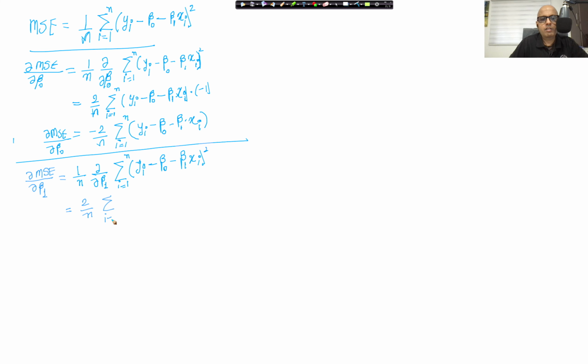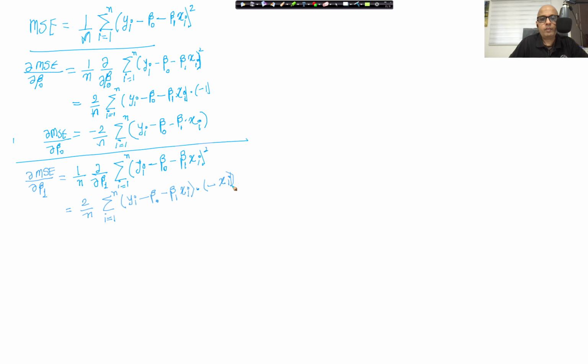We have i equal to 1 to n, then we have yi minus beta 0 minus beta 1 xi, and when we take the derivative of the term inside of this with respect to beta 1, this would become minus xi, because the derivative of beta 1 with respect to beta 1 would be 1. And so we get minus xi.